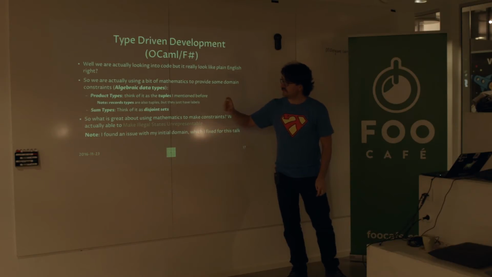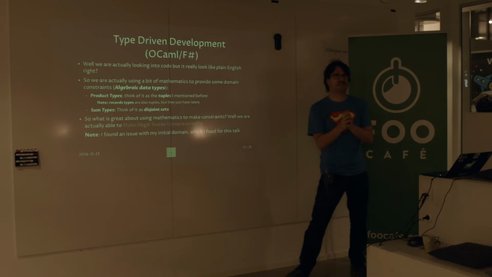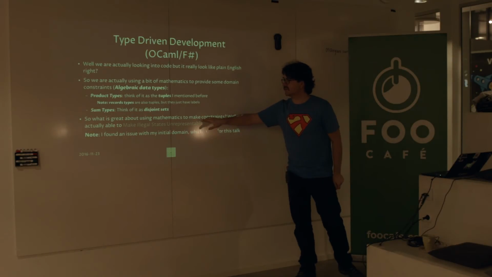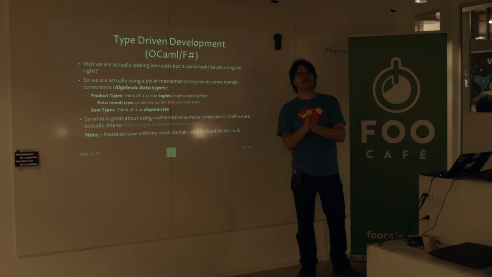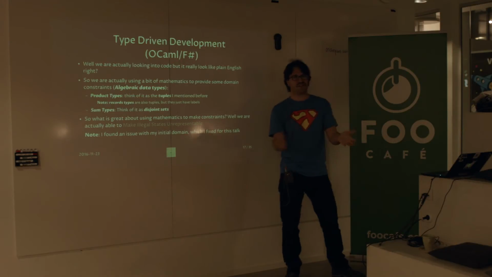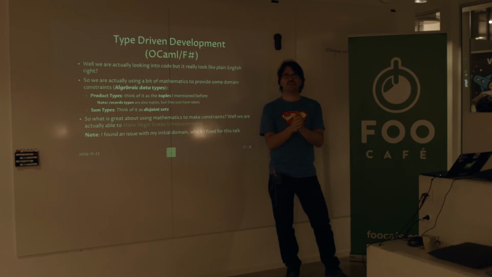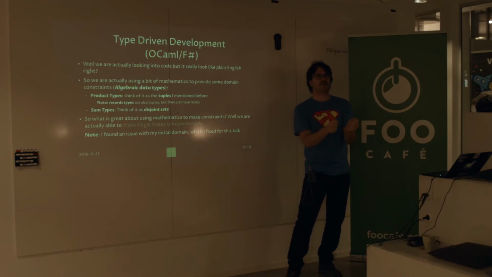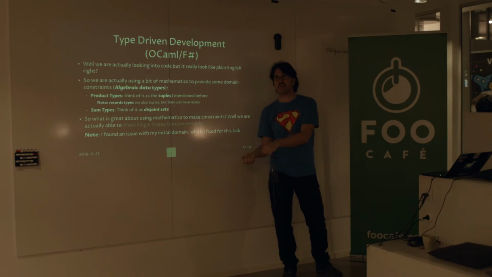Because we use these algebraic data types, which come from mathematics, we're able to use mathematics to ensure constraints. Instead of creating a lot of test cases to test the application, we're able to tell the domain, we don't allow you to make all these other things that can go wrong, as we have in some other kinds of programming languages or paradigms.